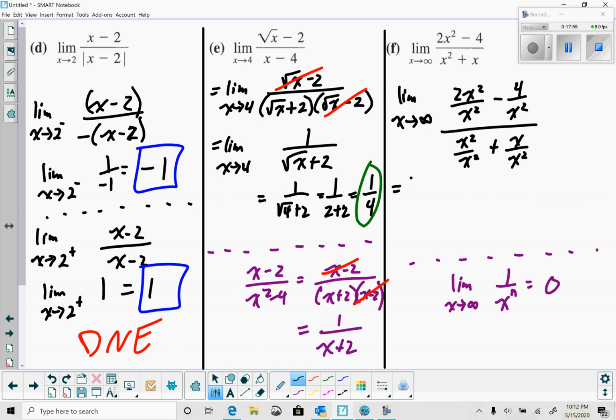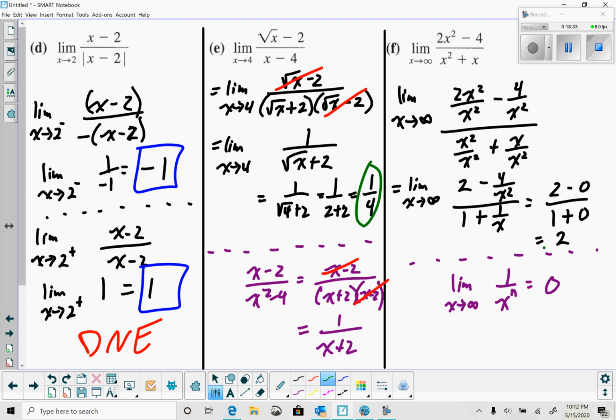And then I just reduce those down. So 2x squared divided by x squared is simply going to be 2 minus 4 over x squared, over 1 plus 1 over x. So if I apply my infinite limits here, this becomes 2 minus 0 over 1 plus 0. So that gives me 2 over 1. The limit is equal to 2.